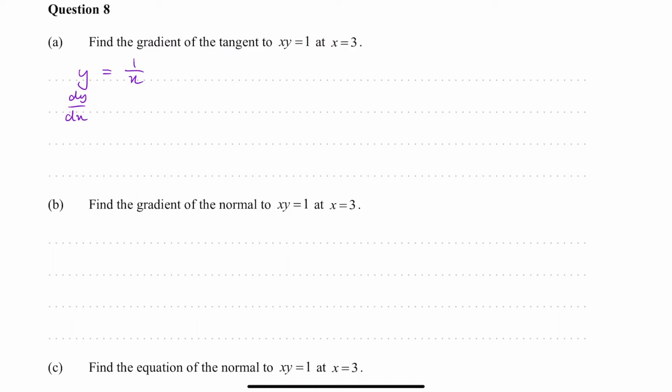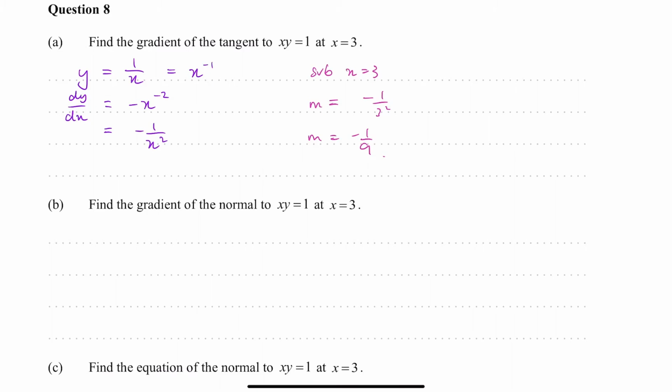Before you differentiate, it's probably better to change it to index form so that we can bring the power down and subtract 1 from the power, which gives us 1 on x squared. So we sub x equals 3, and the gradient equals 1 over 3 squared, so the gradient equals 1 over 9.